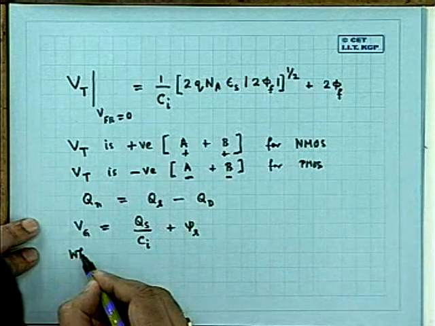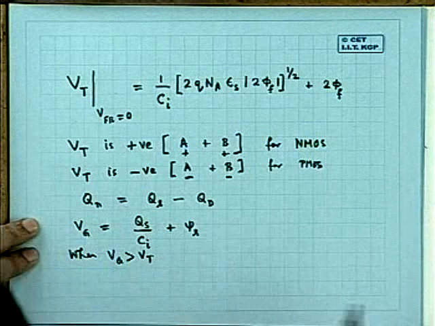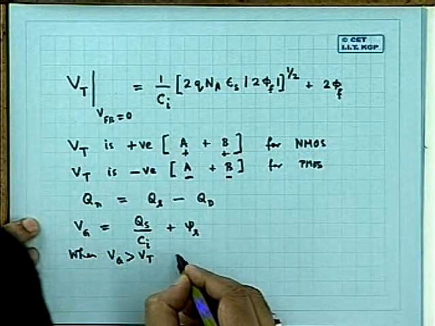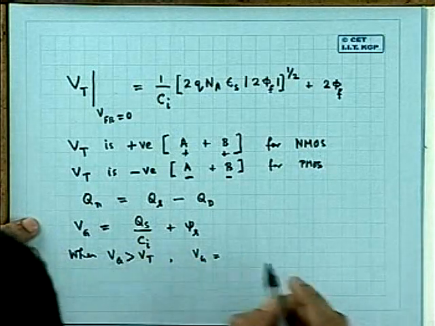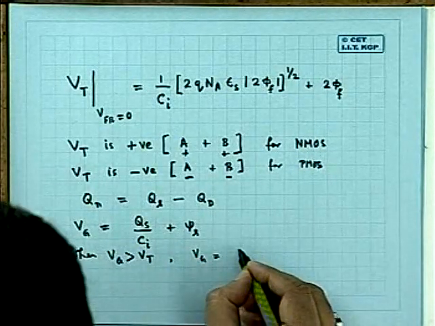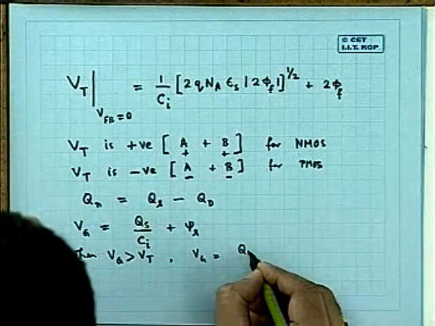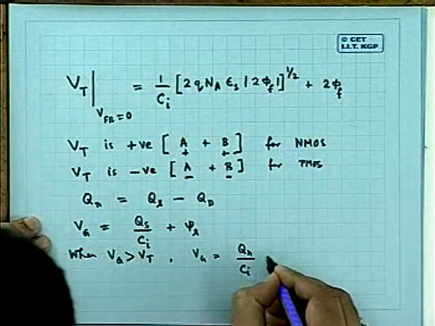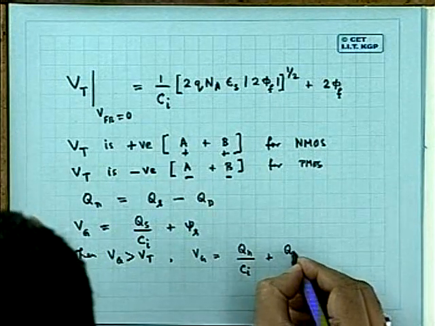When Vg exceeds Vt, then Vg becomes Qs by Ci. That means Qn plus Qd, I can write Qn by Ci plus Qd by Ci.